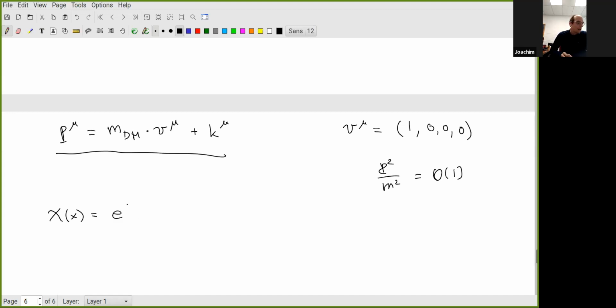First of all, we scale out: we multiply by a factor e to the i m_chi v dot x, with a minus sign in the exponent. Okay, m_chi equals m dark matter. I'm switching between the 2 all the time, but that's always the same. Chi is the dark matter. So we'll see what this factor does.